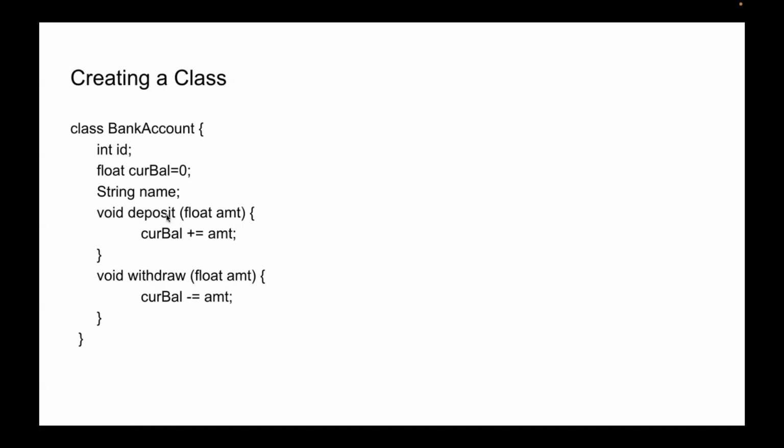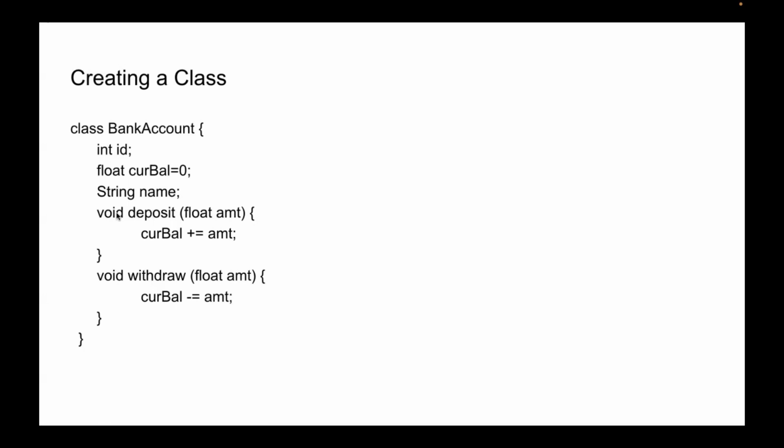Void deposit is a method. Void withdraw is also a method. What do we mean by void? Void means that this method does not return anything. Void means no return type, something like empty.